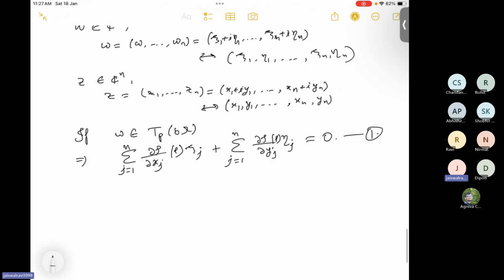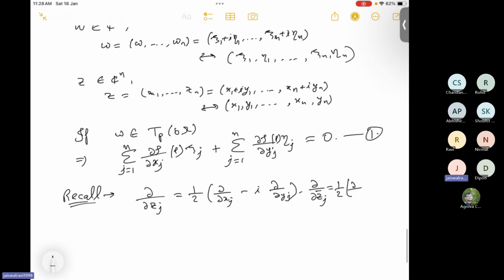So let us recall from Agniva's lecture series that del by del zj is 1 by 2 times del by del xj minus iota del by del yj, and del by del zj bar is 1 by 2 times del by del xj plus iota del by del yj.